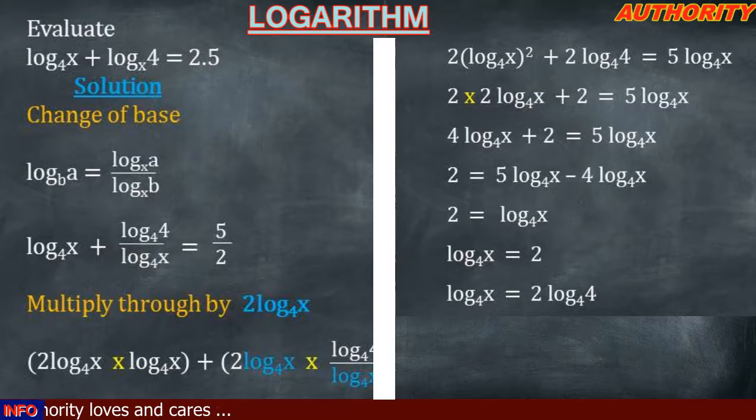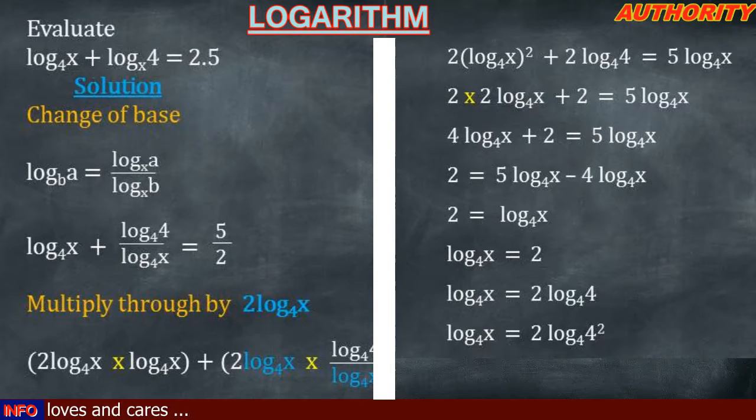Is that clear? Good. Now let's go. Let's take this 2 to be the exponent of 4. That means we're going to have log x base 4 is equal to log 4 raised to power 2 base 4. You get it? Good. Now, here we have the same log base 4, log base 4.